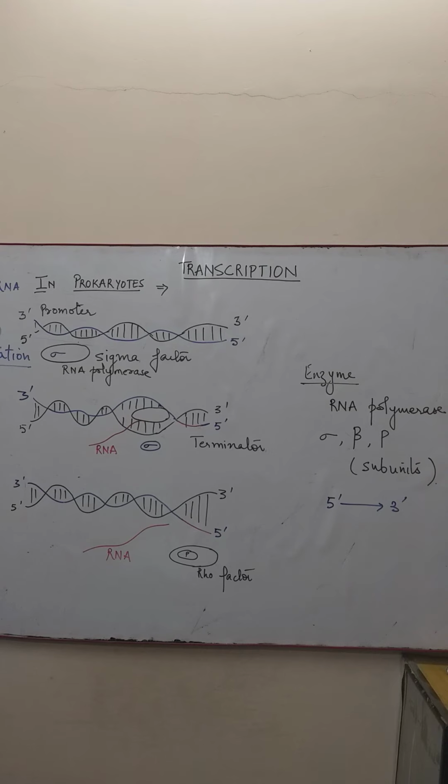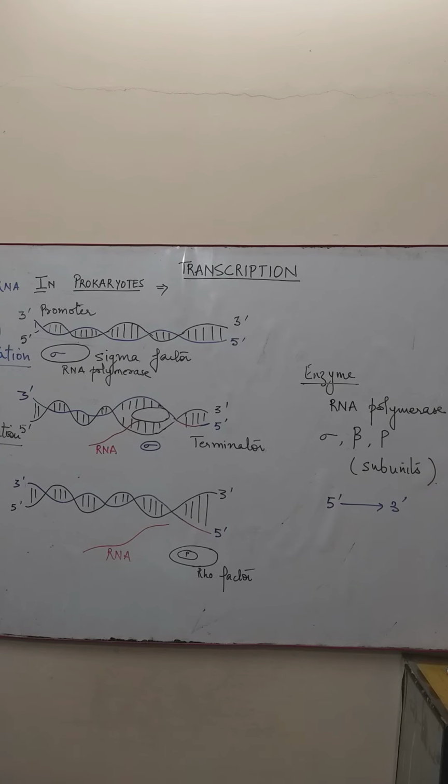The second important step over here is the elongation. After the attachment of the RNA polymerase with the help of sigma factor to the promoter, the unzipping of the DNA molecule starts, and further the elongation of the chain has to initiate.